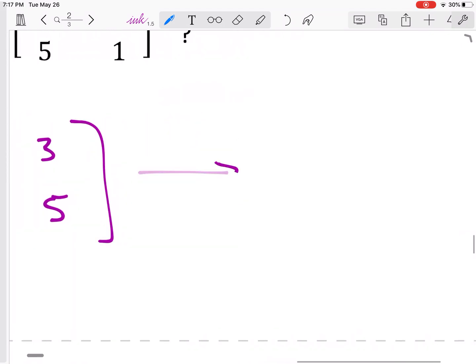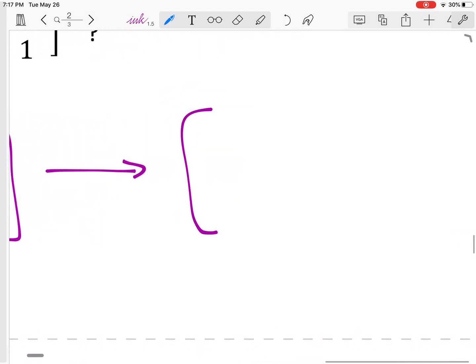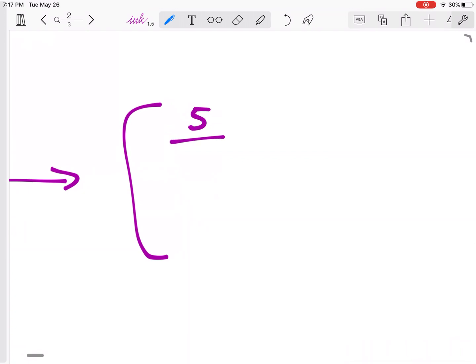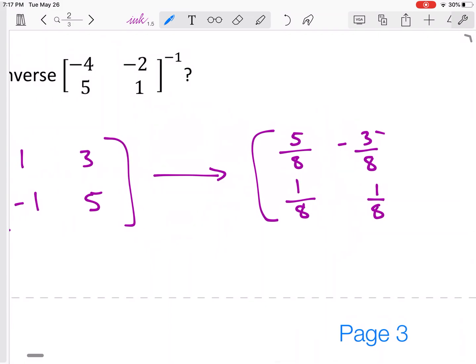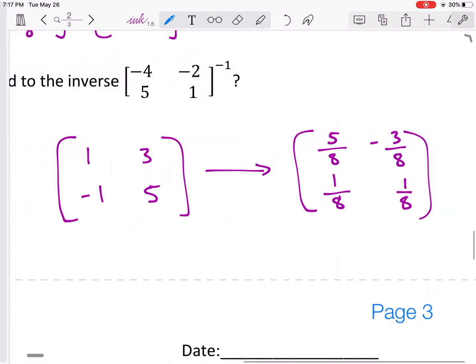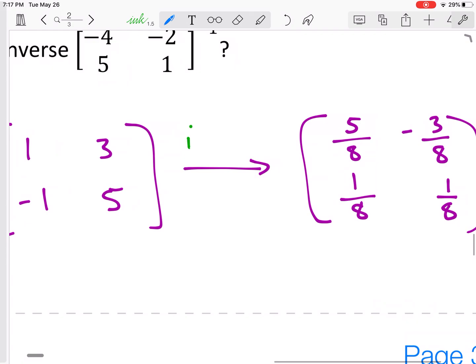The inverse, we found, everything was divided by 8, the determinant, and we had negative 3, 1, and 1. So take a second and see if you can recognize any other patterns, anything that's happening to make this matrix turn into its inverse here.